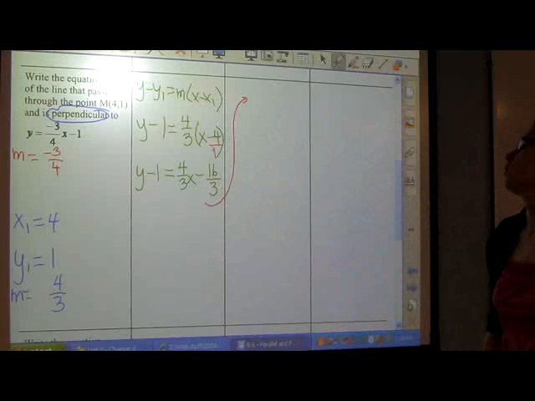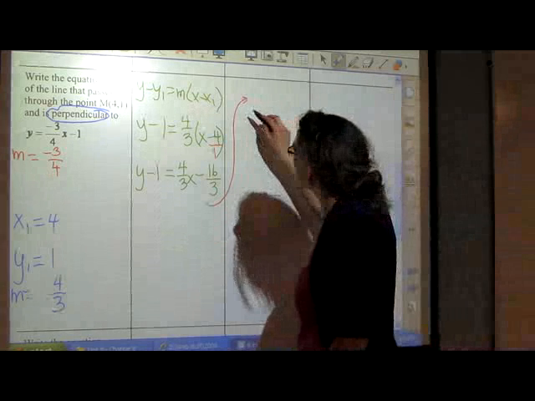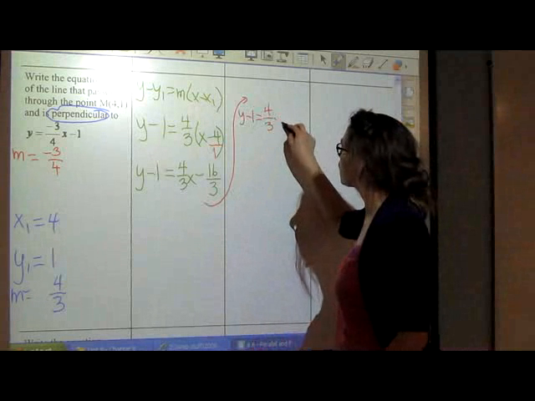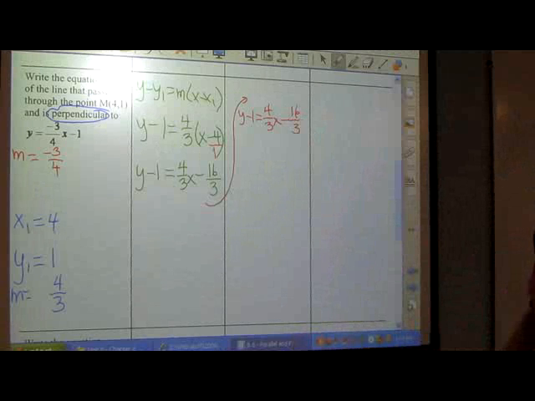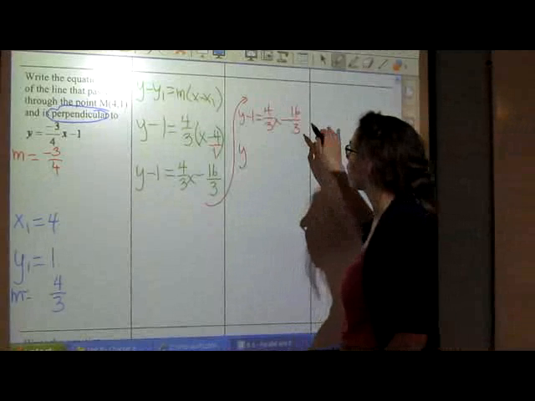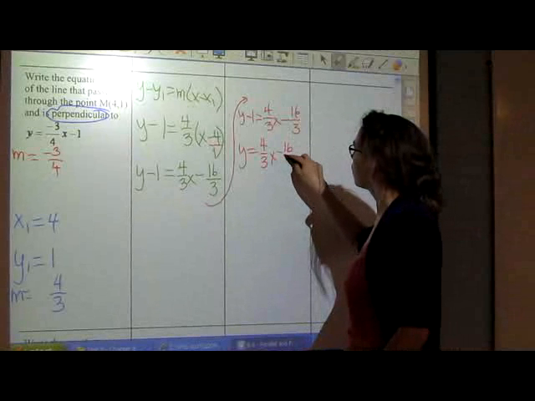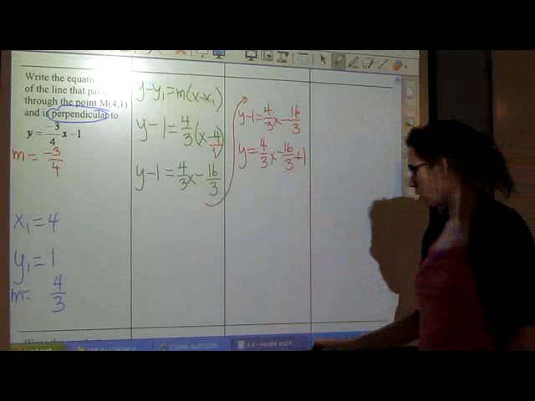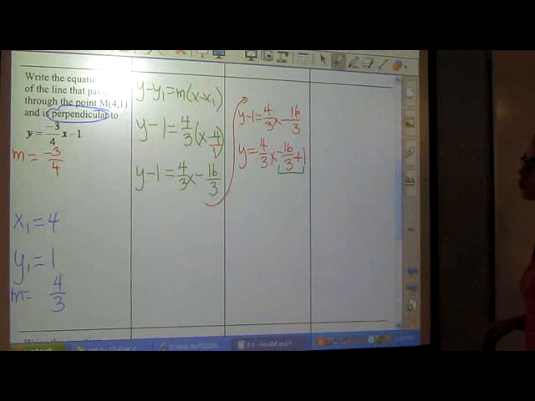Next step here, we want to rearrange this so it's in slope and y-intercept form. First step is just to rewrite the information we have. So y - 1 is equal to 4/3 x - 16/3. Next step is to get y by itself, so move this 1 over. Since I have -1 here, I'll have +1 over here later. So 4/3 x - 16/3 + 1. And as our last step, we'll be adding together these two numbers.